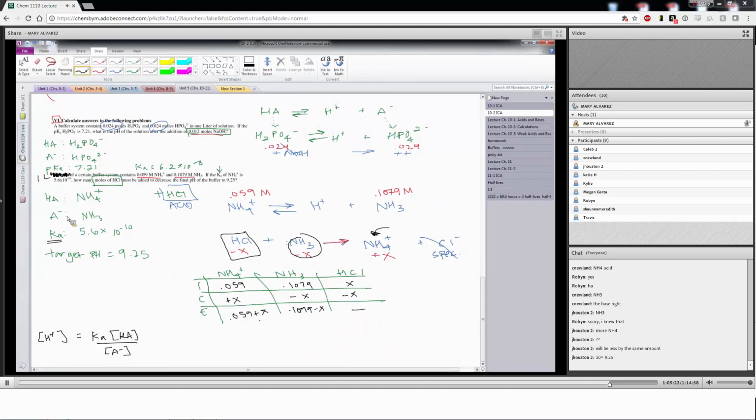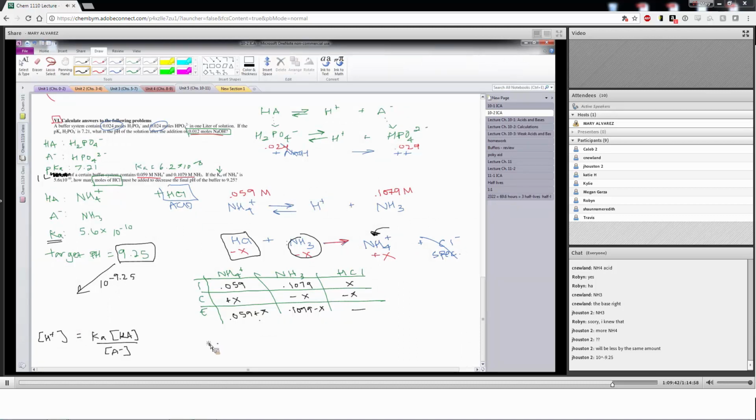Perfect. In the first one, I had to calculate the pH, so once I found my H plus, I took the minus log of it. Here they gave me my pH, so now I just have to go back from the pH to the H plus. 10 to the negative 9.25 should give me my H plus concentration.